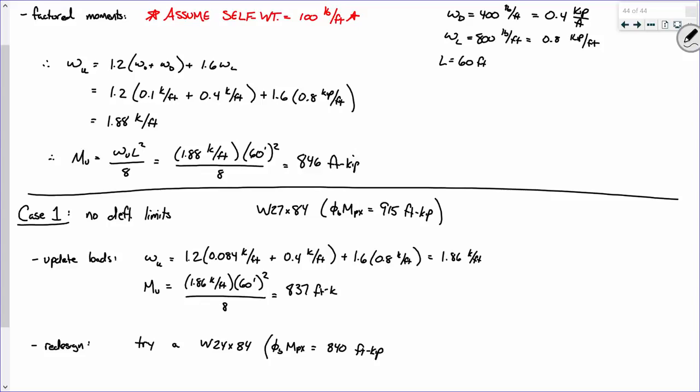We know it meets moment requirements, right? There are no deflection requirements. What's left? Well, there's compactness. I'm going to skip the compactness for this, but to be thorough, there's one thing we ought to check, shear. We should automatically go ahead and check the shear. Even though it's not going to govern, what is the shear capacity?